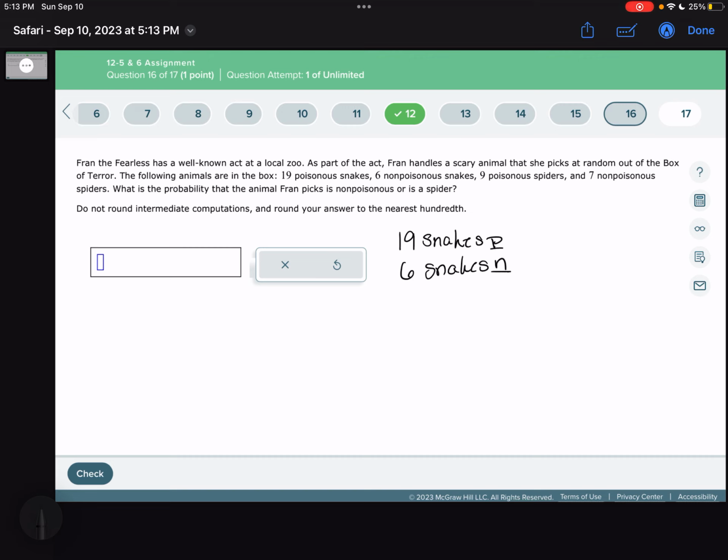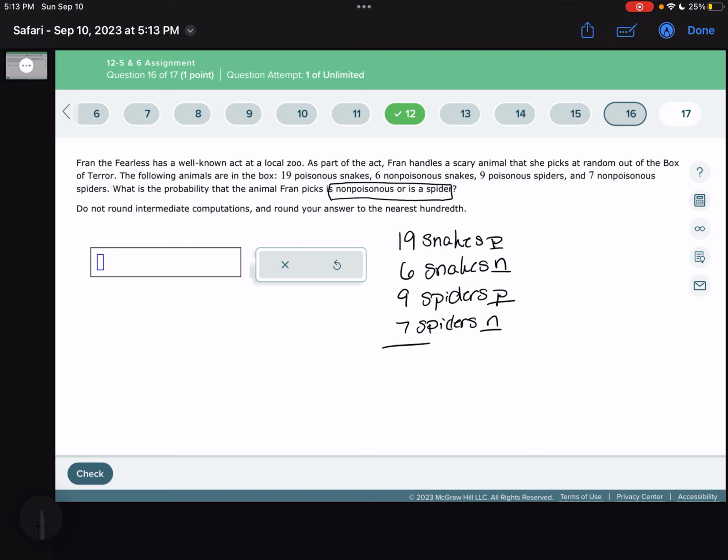Underline those. 9 spiders that are poisonous, and 7 spiders that are non-poisonous. What is the probability that I get a non-poisonous or a spider?